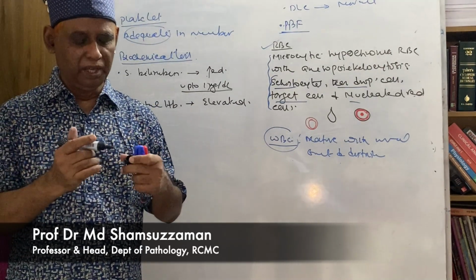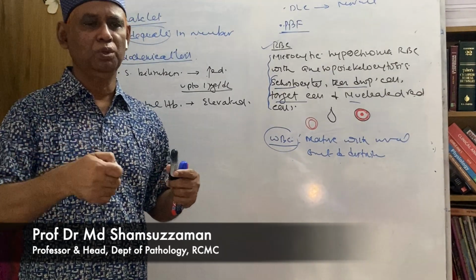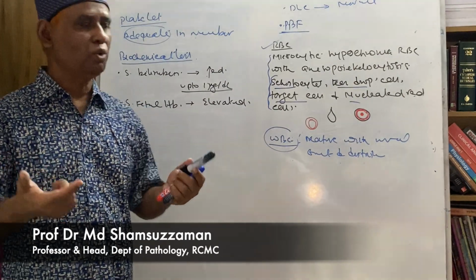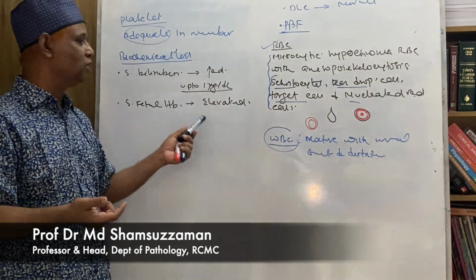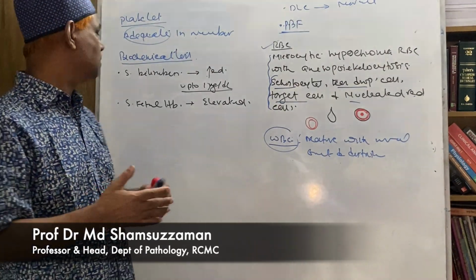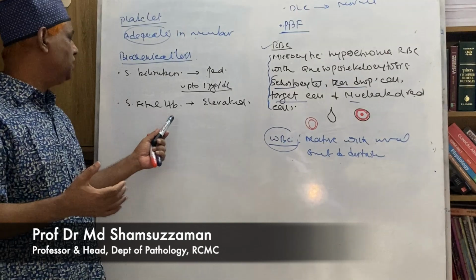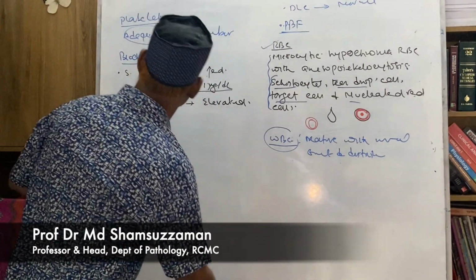The fetal hemoglobin does not release oxygen in the tissue sufficiently. So although there is an increased amount of normal fetal hemoglobin in the body, there will be tissue hypoxia or cellular hypoxia because of more affinity of fetal hemoglobin for oxygen. So the tissue and cellular level become hypoxic.